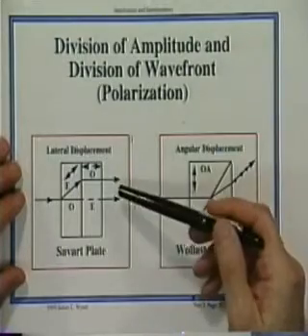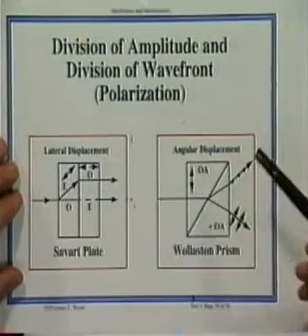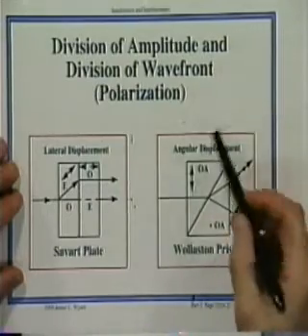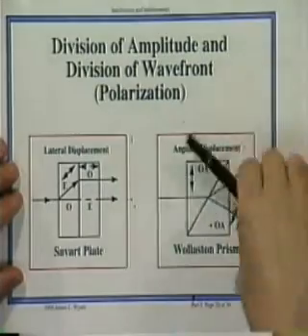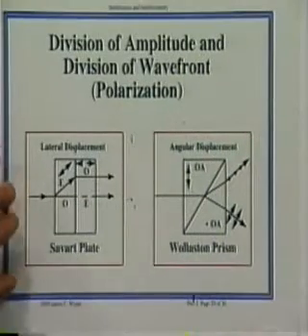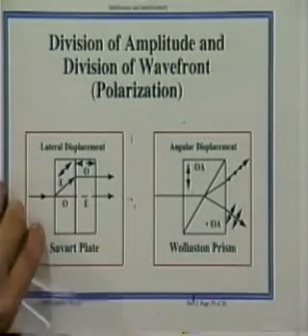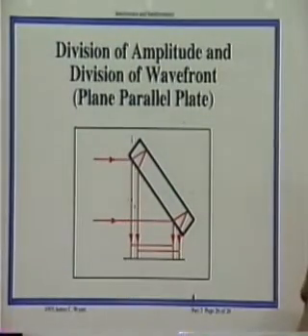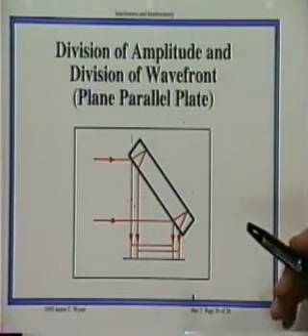And you can do this both with a lateral displacement, and then there are all kinds of polarization devices out there where you do the same thing, but in an angular direction instead of lateral. One last one here is a very simple one, widely used, just a piece of glass.